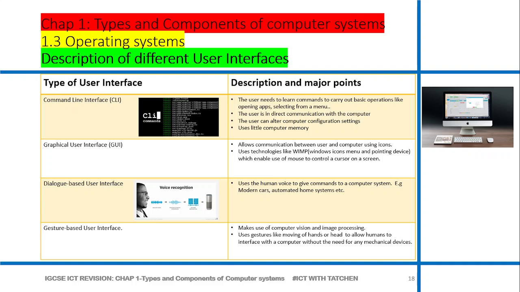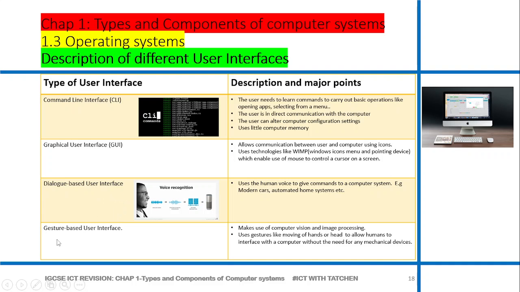For instance, in some automated cars you can give commands to wind down the glass, and even driverless cars now take commands for things to happen. They also have automated home systems where you enter your house, say something and your lights turn on, say something and your AC is on. Those are all dialogue-based user interfaces.